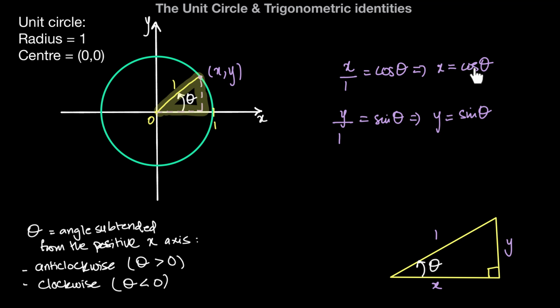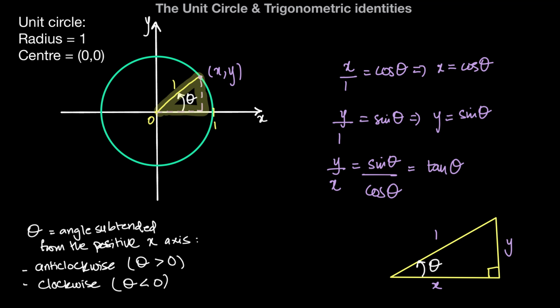So we can say that x is equal to cosine of theta. And lastly, we know that the ratio between the side opposite and adjacent to the angle theta, in other words, the ratio between the y and the x coordinate of any point on the unit circle, can be expressed as the sine of theta divided by the cosine of theta, which is equal to the tan of theta.